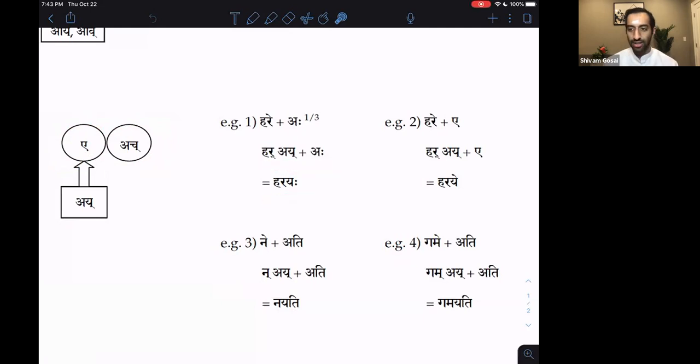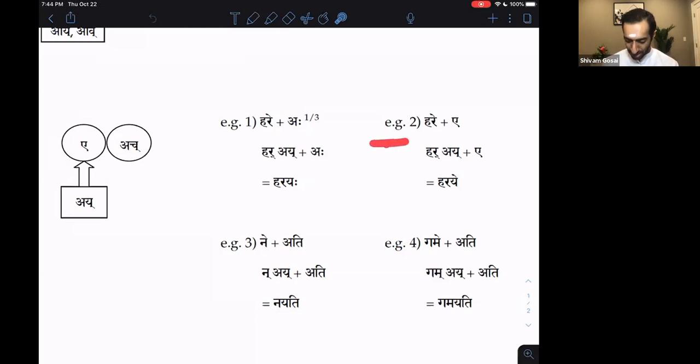I get hari-śabdha. We'll actually see this today because we're doing hari-śabdha. Hari 1-3 is harayaha. It's made like this. Hari becomes hare, then hare plus aha becomes harayaha. Hopefully we'll get some time to get to hari-śabdha.